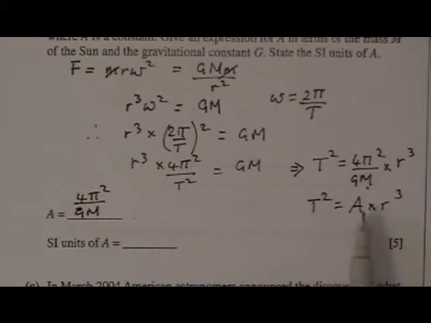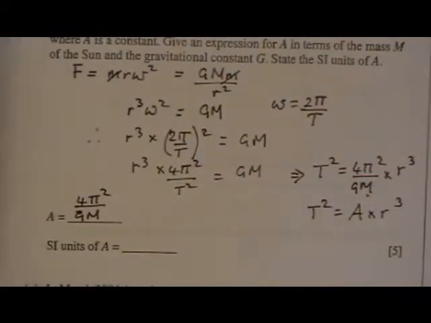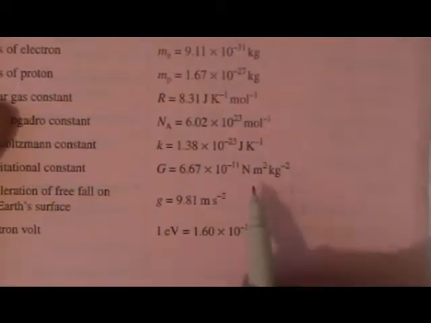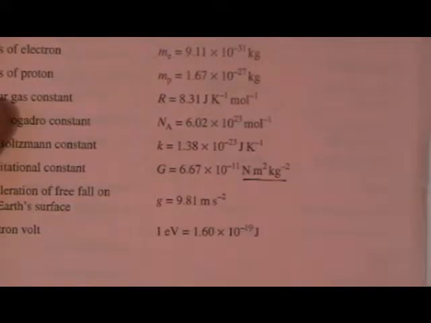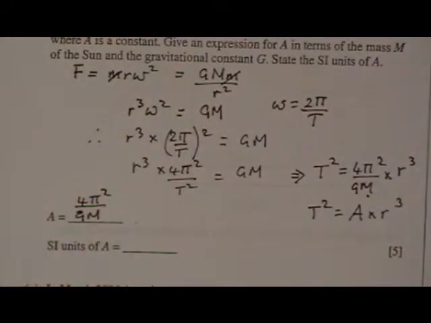Now G has units, and if we look at our formula sheet, you'll find them: Newton meter squared kilograms to minus 2. So a has units, 4 pi squared over GM.